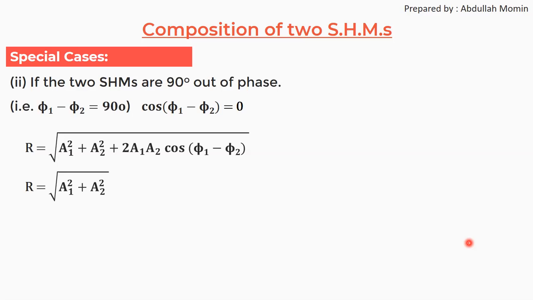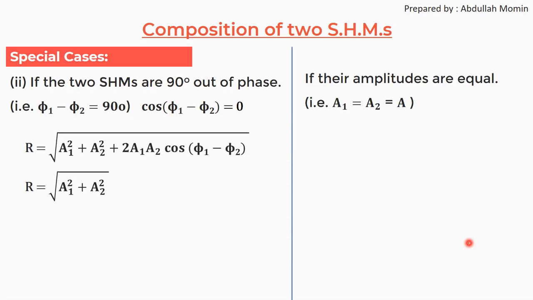Instead of cos phi 1 minus phi 2, we will put 0, so the whole term becomes 0, and we will get r is equal to a1 square plus a2 square under root. And if their amplitudes are equal, that means a square plus a square, 2a square, and square and root get cancelled, so a can be taken outside the root and we will get r as root 2 a.